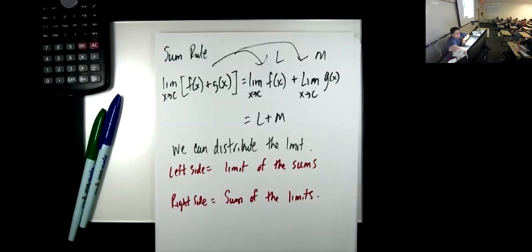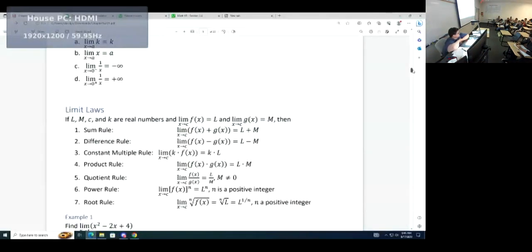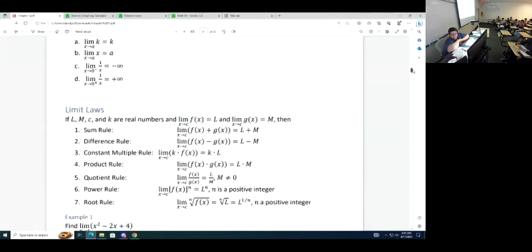Okay, so the other rules, I'll bring them back up. We have one for difference. Difference is the outcome of subtraction. And this has the same thing. The limit of the difference is the difference of the limits. Three and four kind of go together. They're both products. In three, though, one of them is just a constant value.